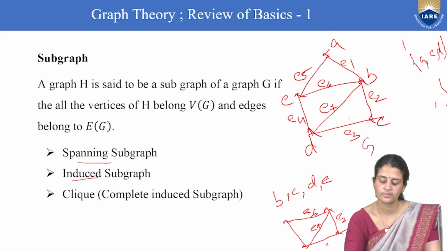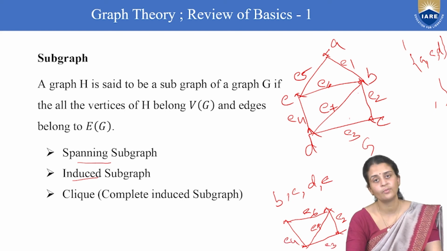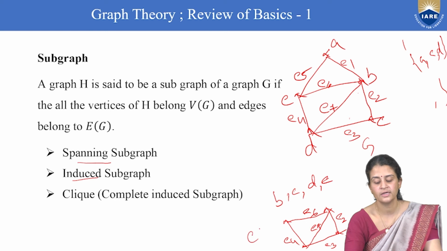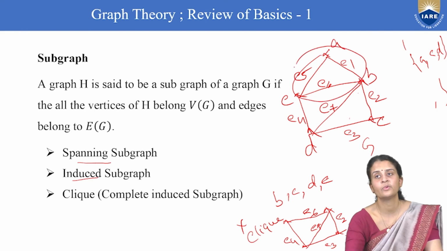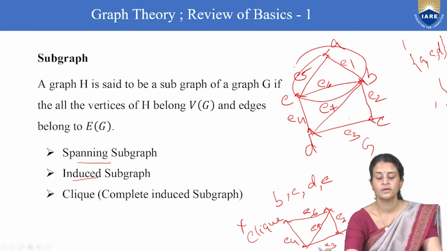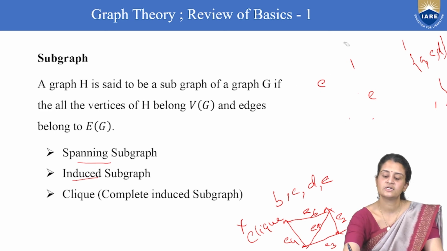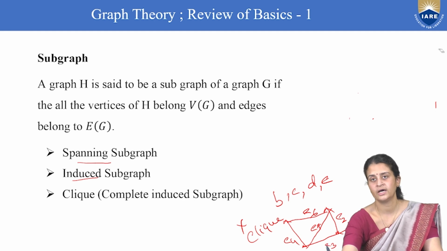It is an induced subgraph. Is it complete? No. So does this subgraph form a clique of the original graph? No. It is not a clique, whereas the earlier one, this portion itself, made a clique. Okay, and now I hope you are okay with these terminologies: subgraph, spanning subgraph, induced subgraph and clique.